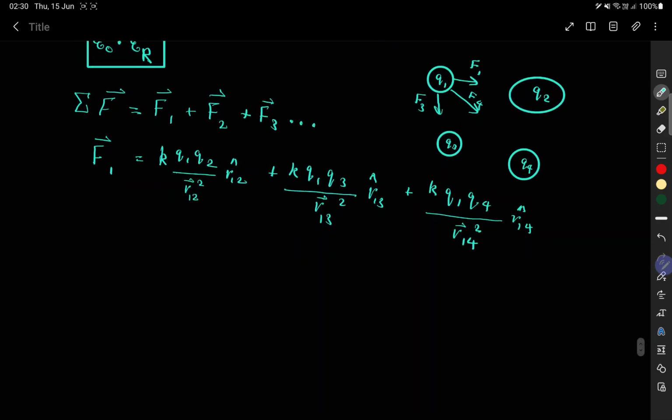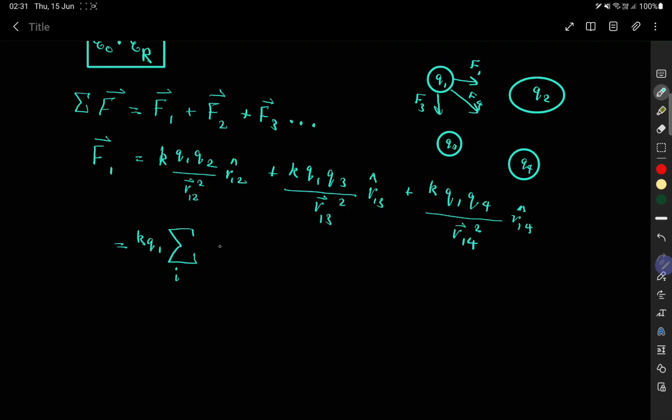Anyways, you can obviously see that k can be taken common and Q1 can also be taken common in this expression because they're being repeated one by one. So we get that this is actually k Q1 times the summation. I'm going to use summation notation just so that it's easier for me.